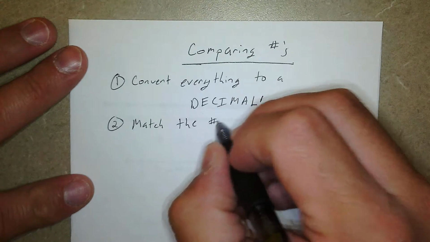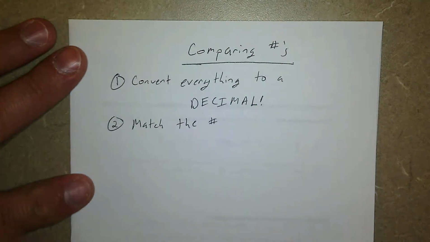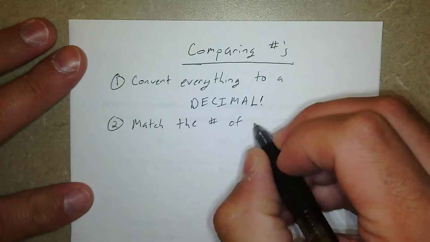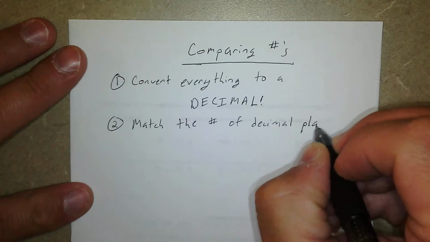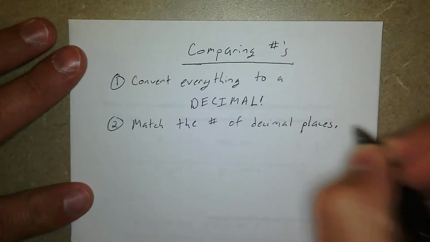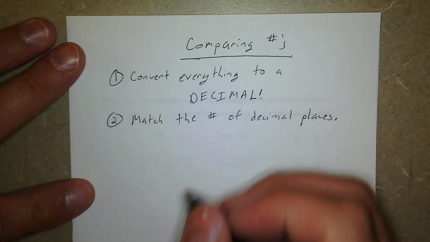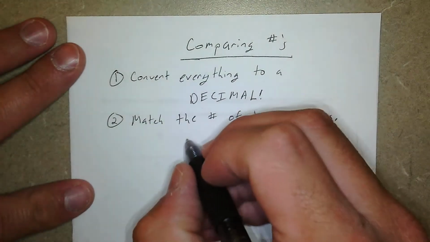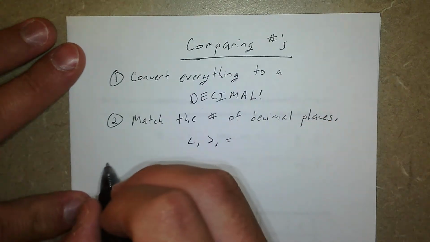So if one has 3 and one has 2, match it to the larger one. Then you're going to compare them. That's where you would use the less than, greater than, or equal to symbols.